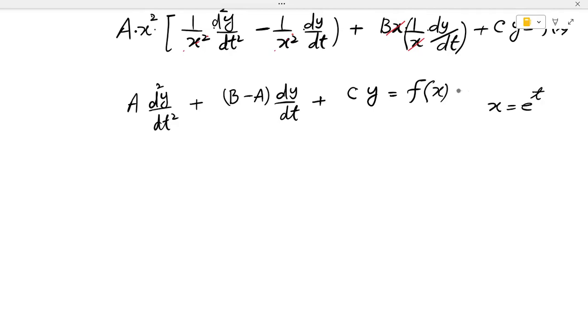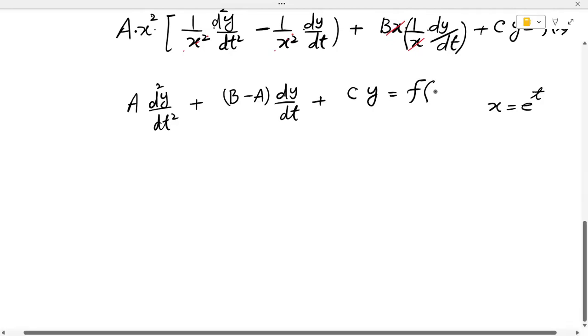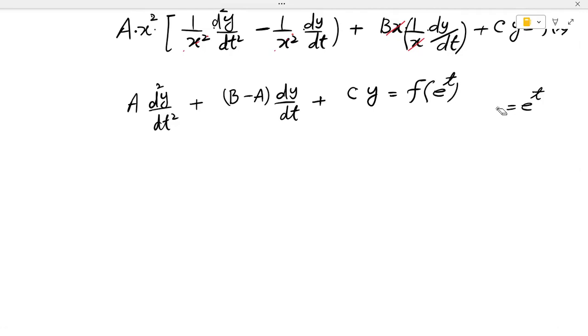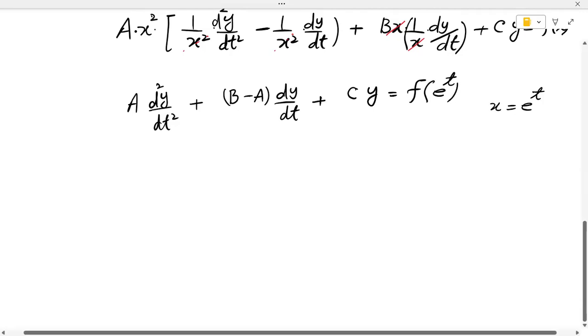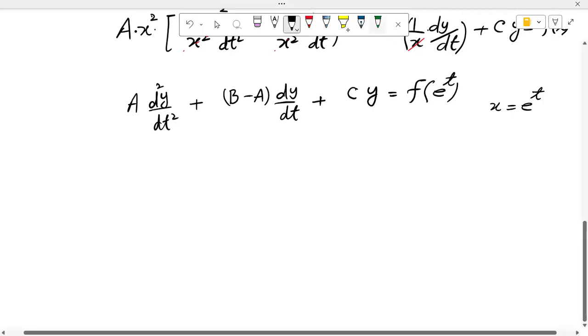So it is preferable to write this one over here as f of e raised to the power t. Okay, so this has now become a constant coefficient differential equation.